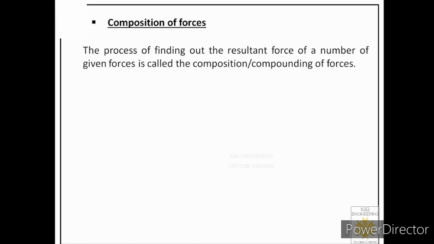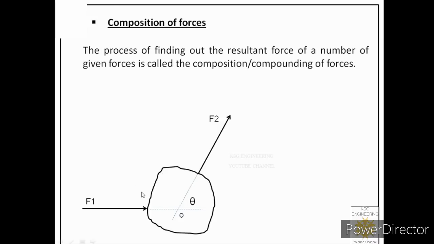Next we will talk about composition of forces. The process of finding out the resultant force of a number of given forces is called the composition or compounding of forces. Let us understand this through an example. Suppose we have a coplanar concurrent force system in which there are two forces and we want to find the resultant of these two forces.